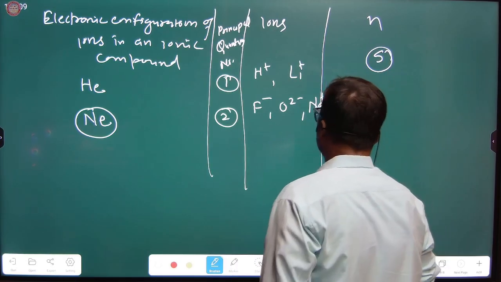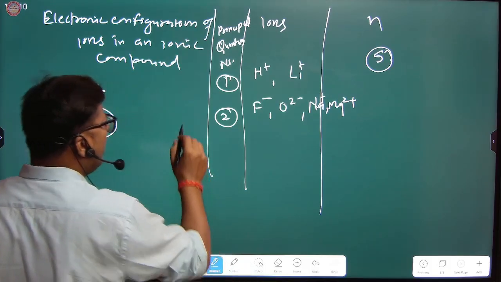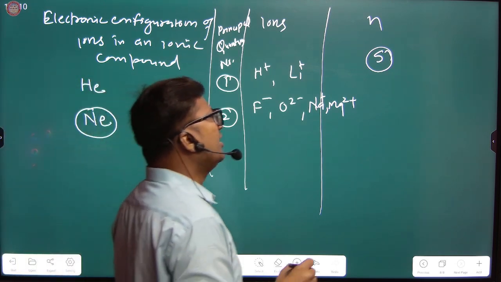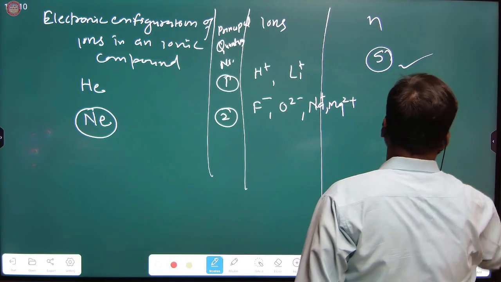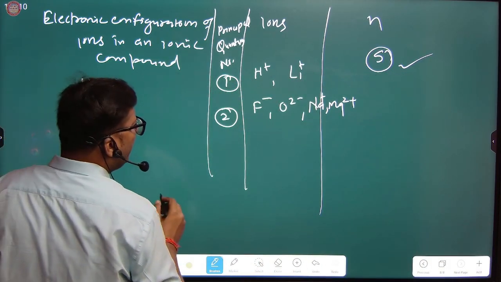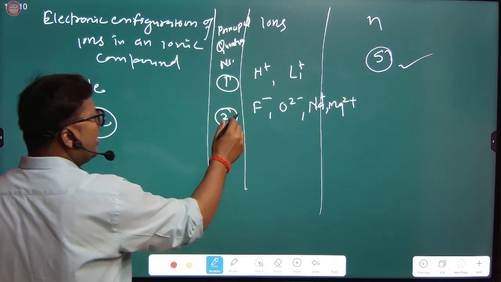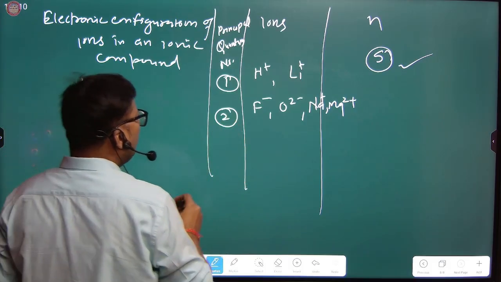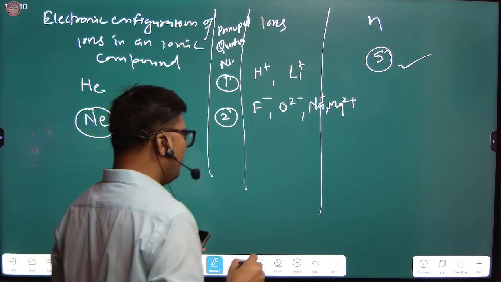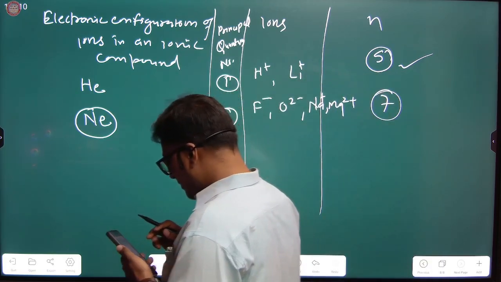If the principal quantum number is 1 and the electronic configuration of the ions looks like helium, then it has a Born exponent of 5. But in the case of ions with an electronic configuration similar to neon, the principal quantum number is 2 and the Born exponent is 7.